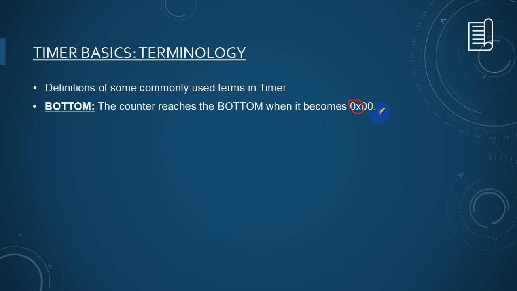If you write 0b, it will be in binary only. In binary you can write only 0 and 1. In hex you can write 0 to 9, A, B, C, D, E, F. So when you use the term 0x, this is in hex.